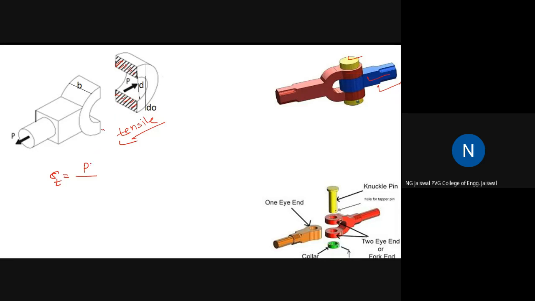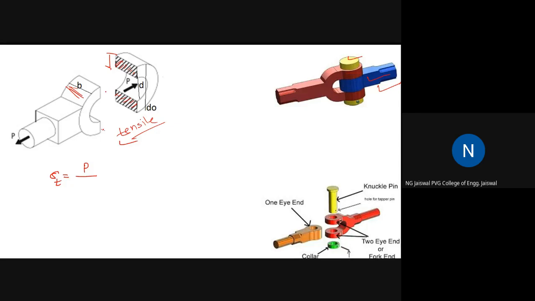If I want to write the mathematical expression for that area: this is B, this is B, this entire length is DO, and this is D. This length is equal to DO minus D divided by 2.